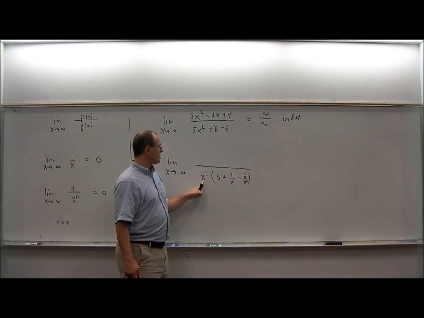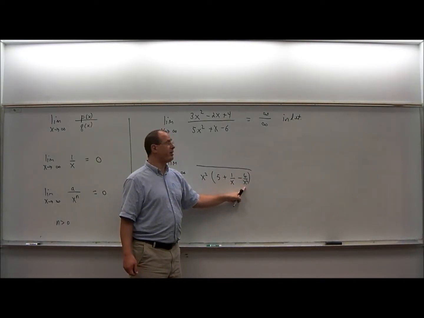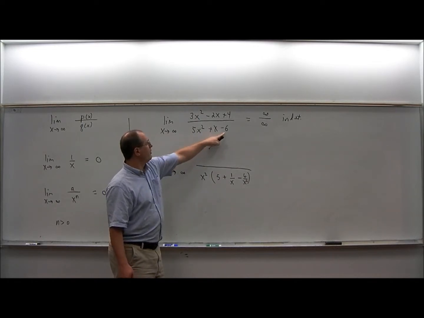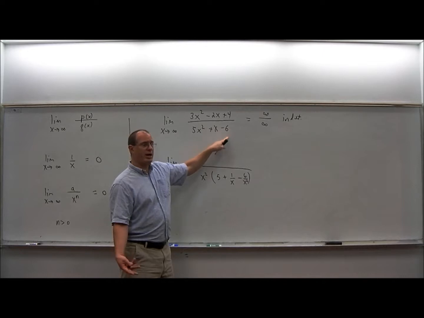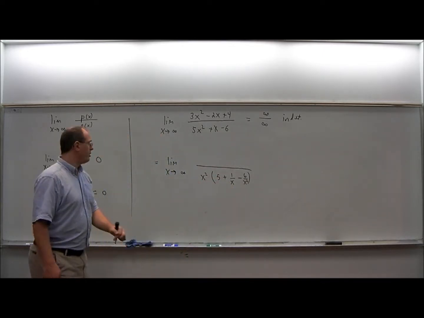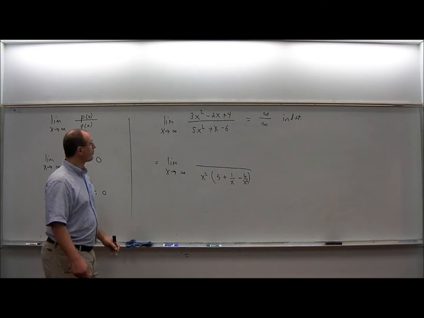When you multiply x squared times negative 6 over x squared, you will get negative 6. So you factor x squared from each of the 3 terms, and in situations where you don't have an x squared, you'll be left with a fraction. And that's very important because we understand how fractions are going to behave as x goes to infinity.